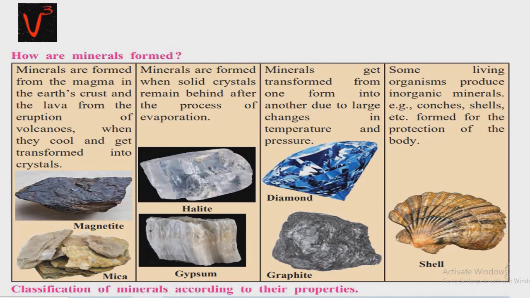Now these formed minerals can be classified according to their properties. They can be non-metal minerals, metal minerals, or energy minerals. Non-metal minerals like mica, gypsum, diamond, graphite. Metal minerals like iron, gold, silver, and energy minerals like coal, mineral oil, natural gas.